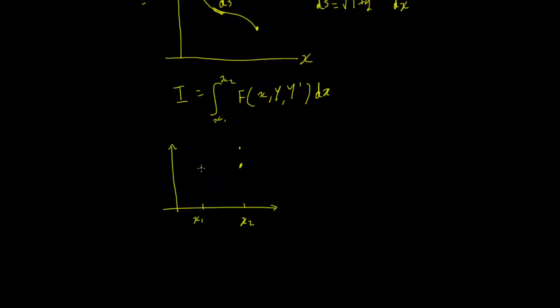Now we know it's a straight line, but let's say we make a guess, and there's a guess there, and we'll call that guess y of x. So y of x is our guess of what is the shortest distance between that point there and that point there.